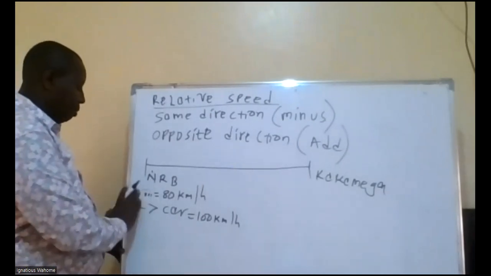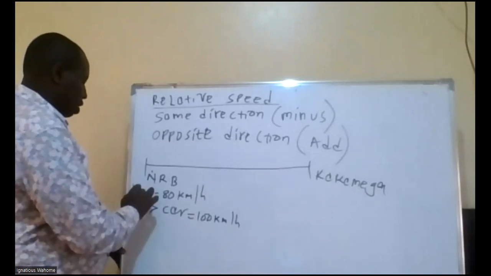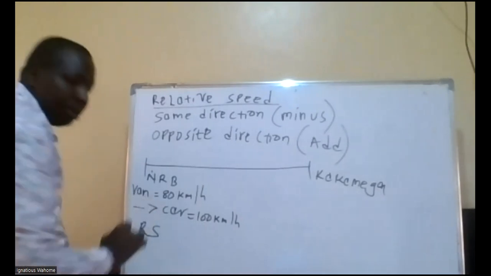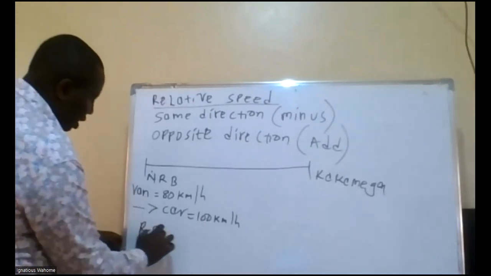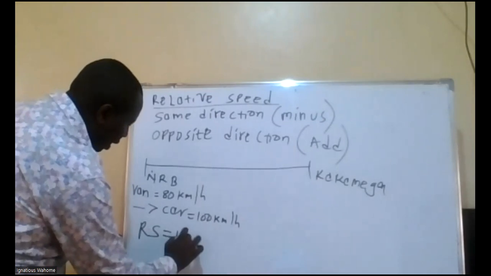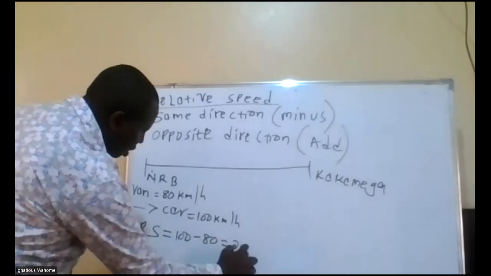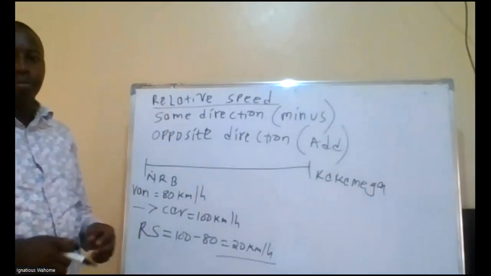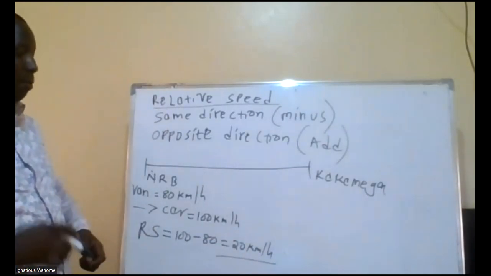Same direction, correct. So therefore, the relative speed, abbreviated as RS, is equal to 100 minus 80. You get 20 kilometers per hour. The relative speed is 20 kilometers per hour.